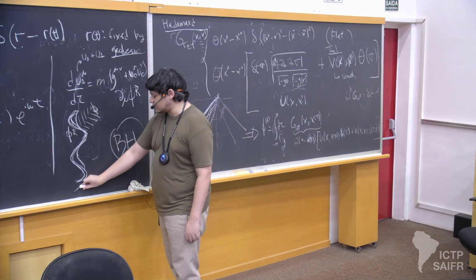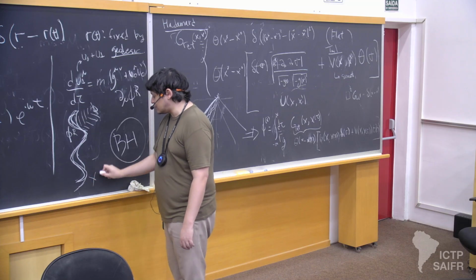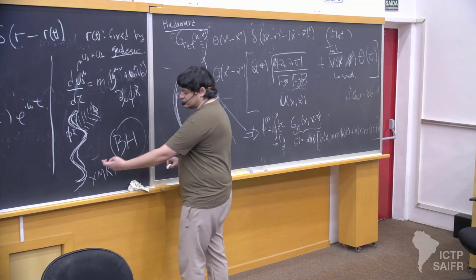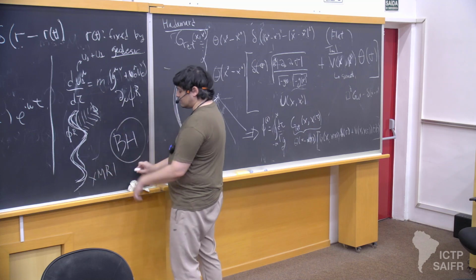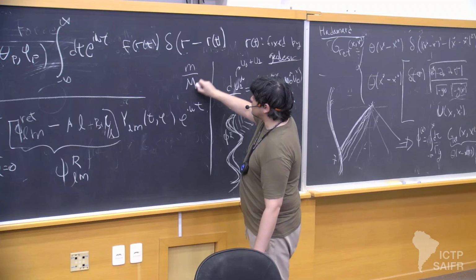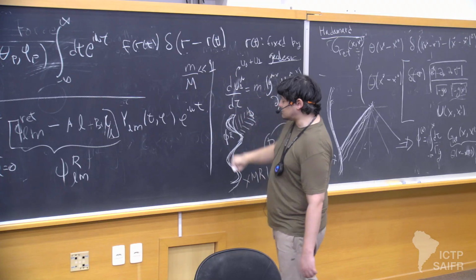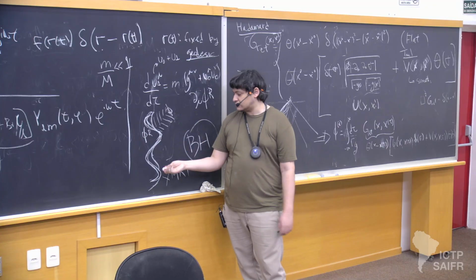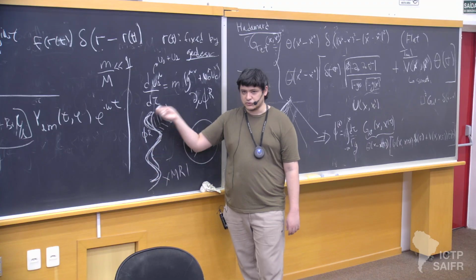That doesn't mean that this case is not interesting. The case that really uses these calculations is called the extreme mass ratio inspirals, because in this case the mass ratio, m over M, is very small, is extreme, and so we can actually use this linear term in the mass to understand the motion.